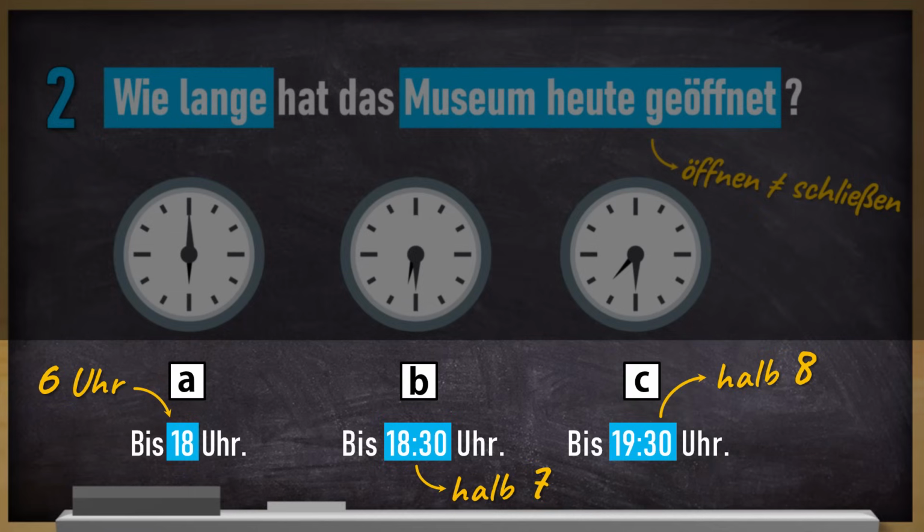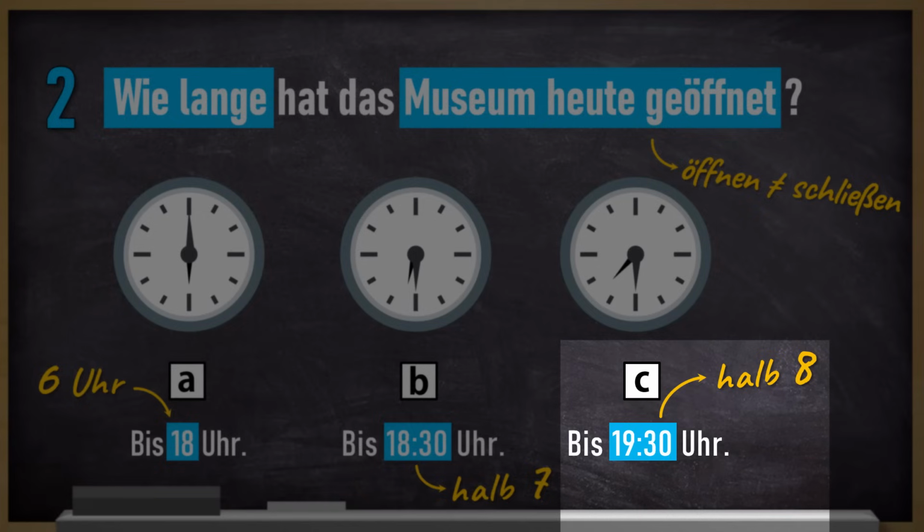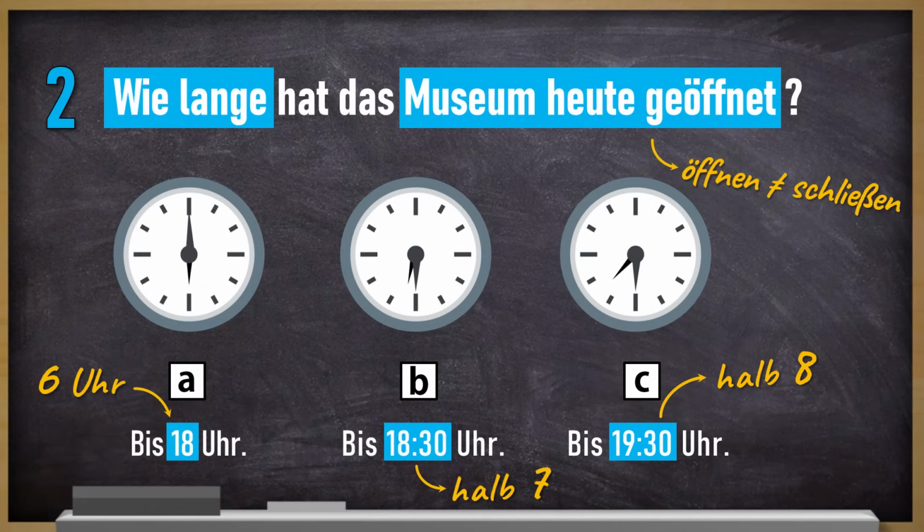Zum Beispiel B. 18:30 Uhr oder 6:30. C. 19:30 Uhr oder 7:30. Which of those two versions is used depends on the situation and on the speaker. Und jetzt hörst du den zweiten Dialog. So now you will listen to the second dialogue.